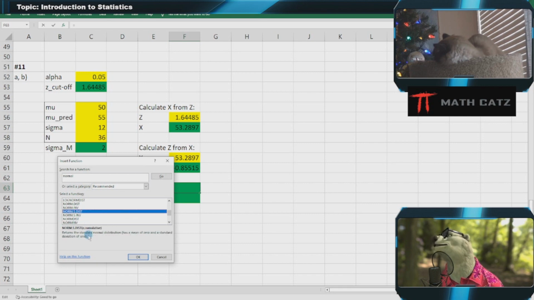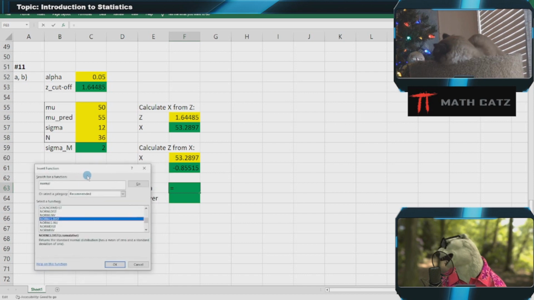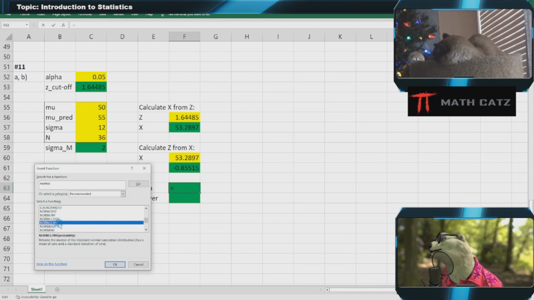Well, the distribution has a description here, taking the z-score, and yes, it's cumulative, meaning I'm looking for the area from the left sweeping up to that line. Inverse is the reverse of that, taking the probability, the area under the normal curve, and giving me a z-score. That's not what I want. I want the distribution one.